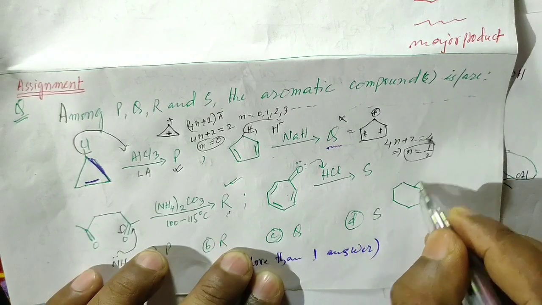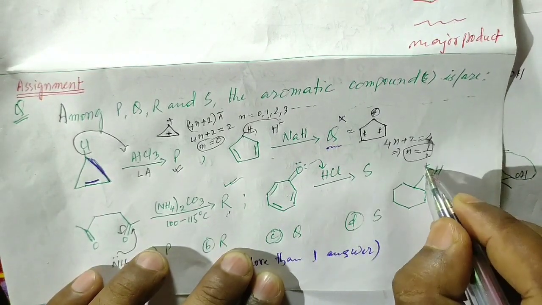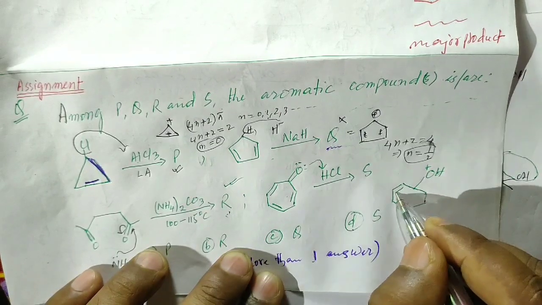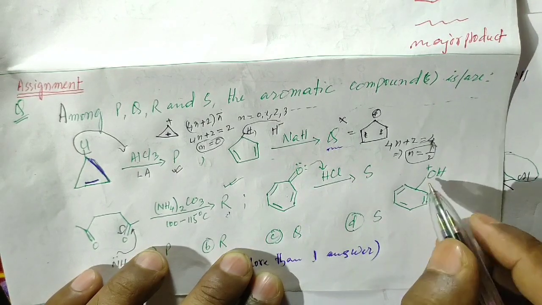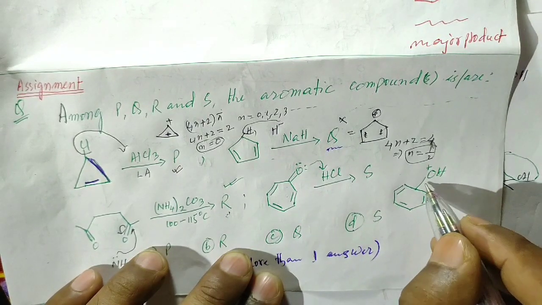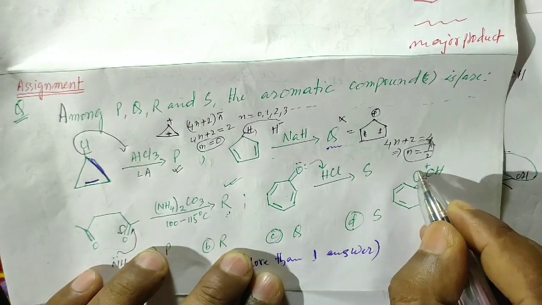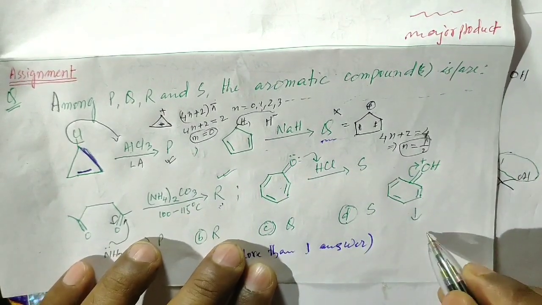Okay, this will be OH. This will carry a positive charge. Here 1, 2 double bond. So this is a double bond.